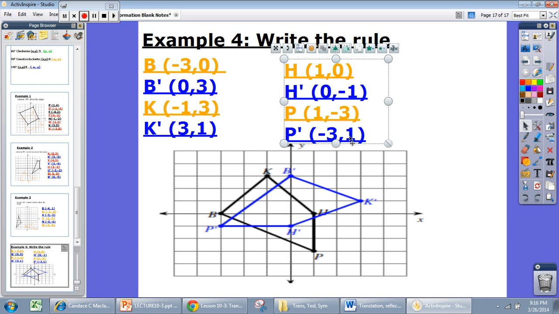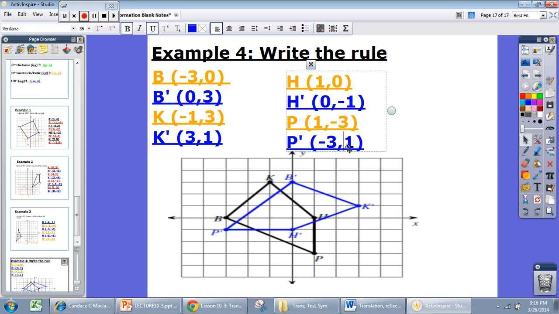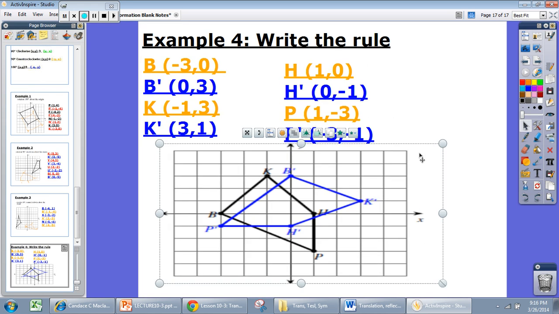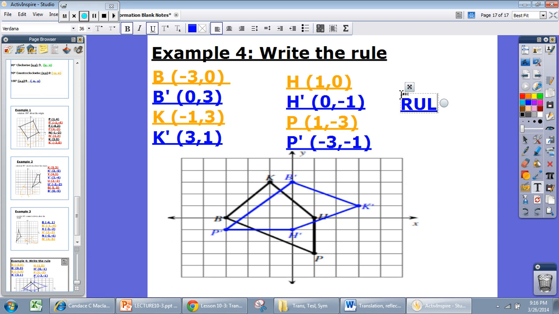Ooh, I forgot my negative for this one. So yeah, switch it and make it negative. So which one switches and makes x negative? That is 90 degrees clockwise. So our rule is 90 degrees clockwise.